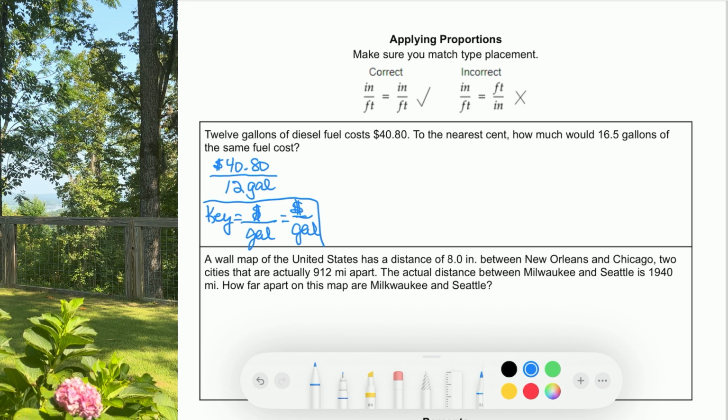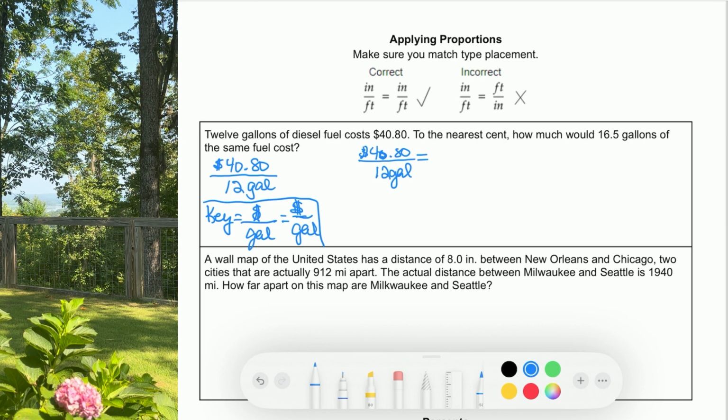Let's find the other ratio. To the nearest cent, how much would 16.5 gallons of the same fuel cost? All right, so we're missing the money amount of the other ratio. So let's set up our problem. We have $40.80, and we have 12 gallons in the denominator.